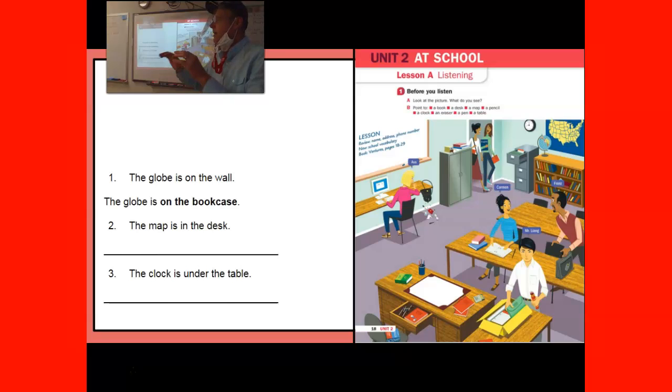Now, when you're typing, remember, put the period right next to the E, or the last letter, no space, okay? And then if you have another sentence, you put a space and then start the new sentence. All right, good job. So the globe is on the bookcase. How about number 2? Let's take a look at number 2.